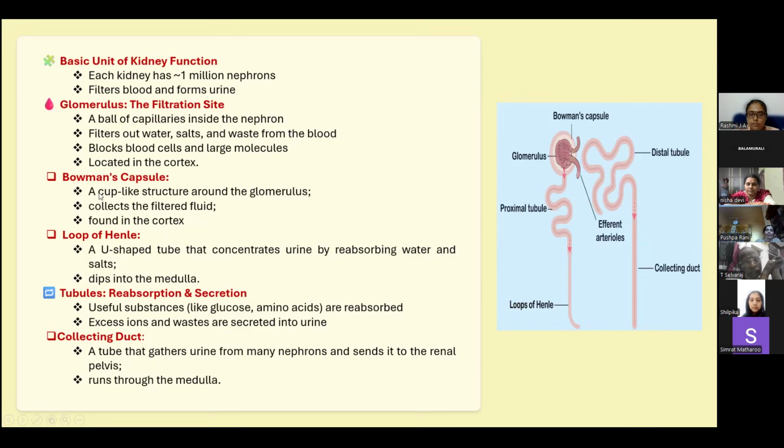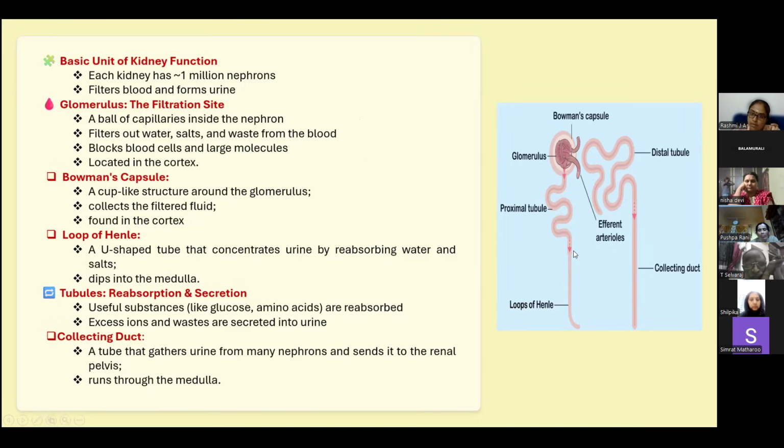Then the Bowman capsule is a cup-like structure around the glomerulus. It collects the filtered fluid and is found in the cortex. Then the loop of Henle, here you see this one. It is a U-shaped tube that concentrates urine by reabsorbing water and salt. So here the reabsorption happens.